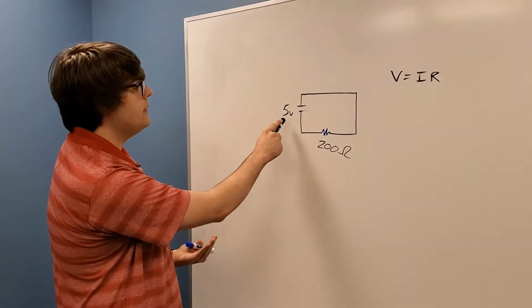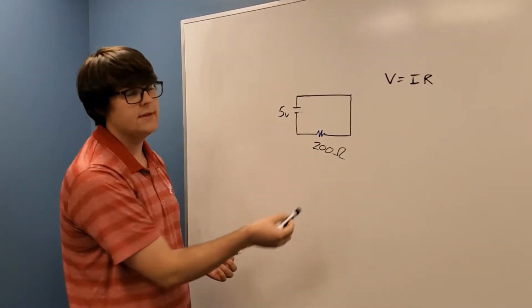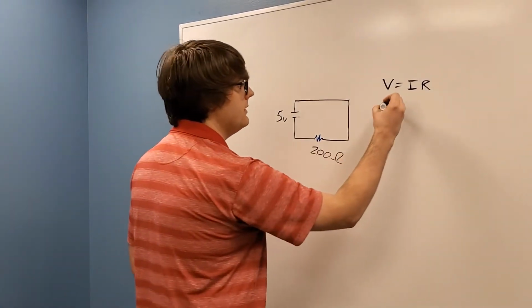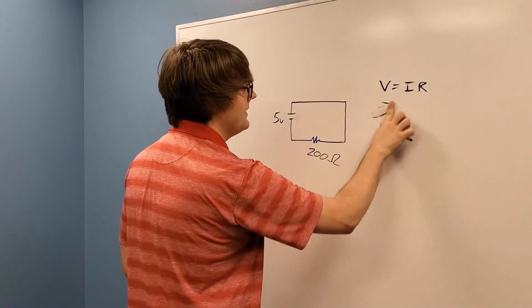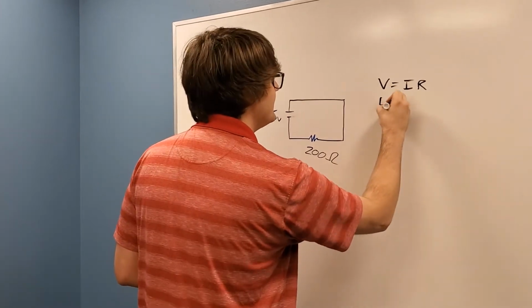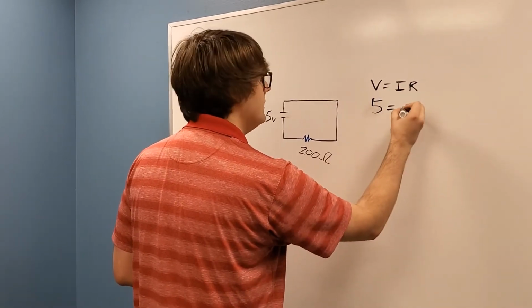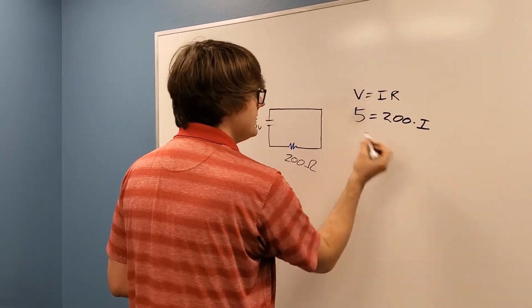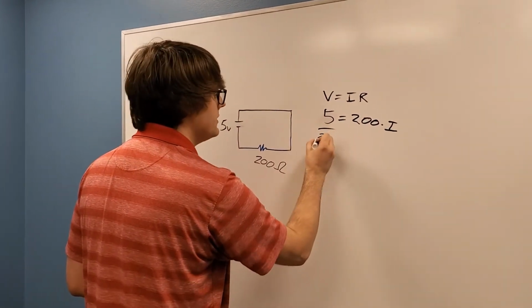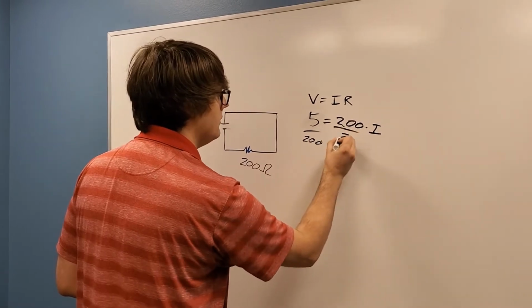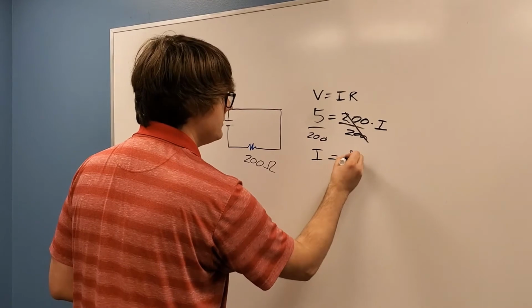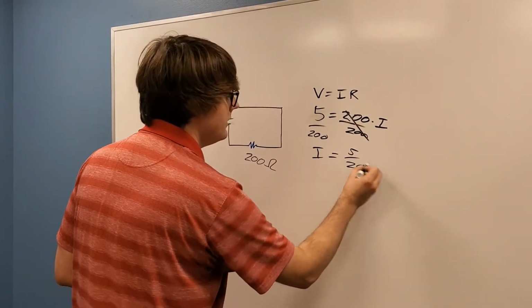So in this scenario, we have the voltage and the resistance, so we can find the amperage, which would just as simply be just like this, and then you move the 200 over, and then you get an amperage over 200, whatever that is.